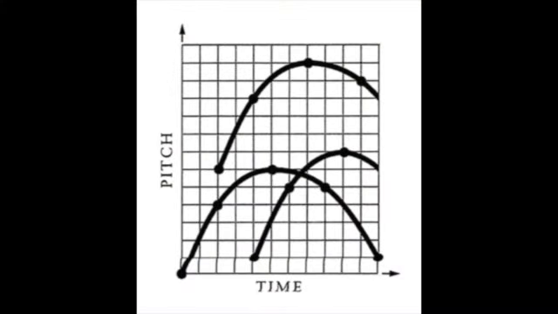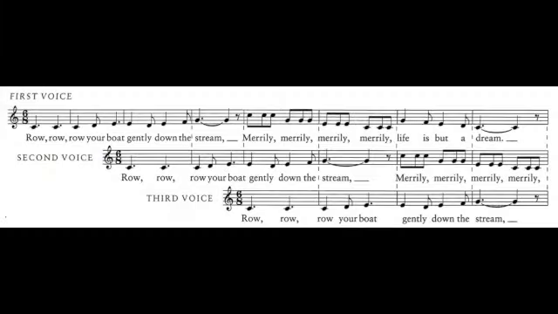Imitative polyphony results when the various lines sounding together use the same or fairly similar melodies, with one coming in shortly after another. The simplest example of imitative polyphony is a round, such as Row, Row, Row Your Boat or Frère Jacques. The richest kind is a fugue, which we'll come across in the future. When people sing a round, by singing the same tune at staggered time intervals, the result is imitative polyphony.